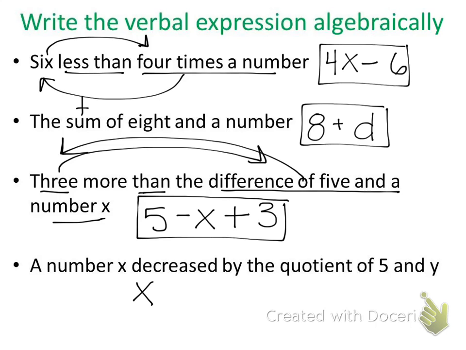What does decreased by mean? Subtraction. The quotient. What does quotient mean? Division. So I'm going to divide 5 and y. Or you could write it like this. X minus 5 divided by y. Either way is correct, okay?